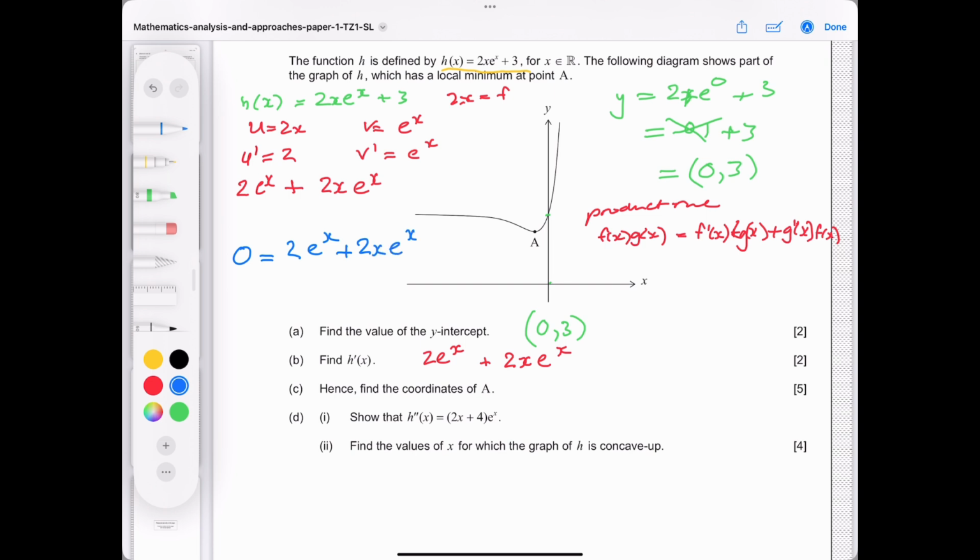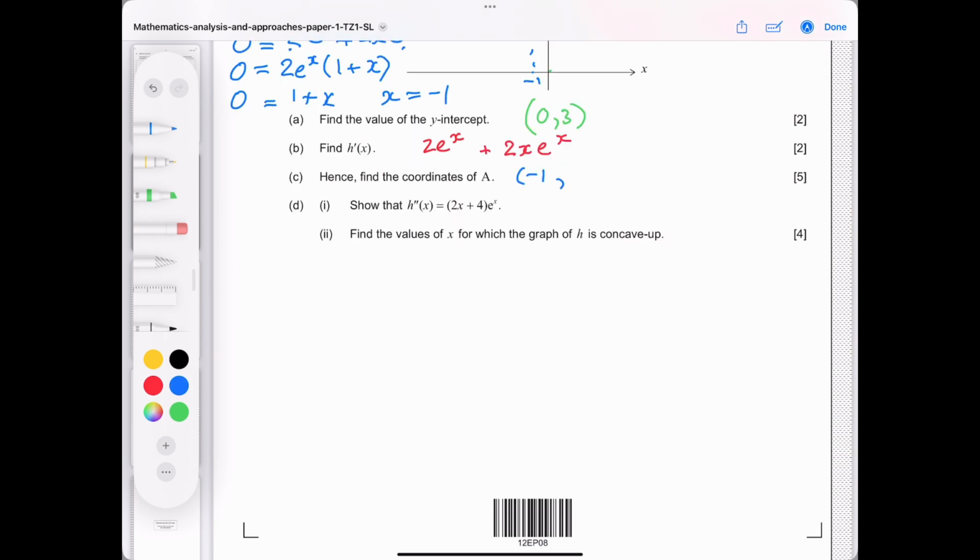So what can we do with this to make it work? I suppose we could take 2e to the x out of both of them. So 0 equals 2e to the x times 1 plus x. The easy one is that when 0 equals 1 plus x, x equals minus 1, and that also makes sense there, doesn't it? So we can find that minus 1 is the first bit.